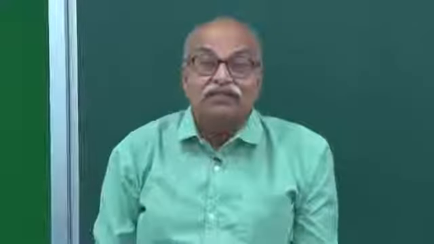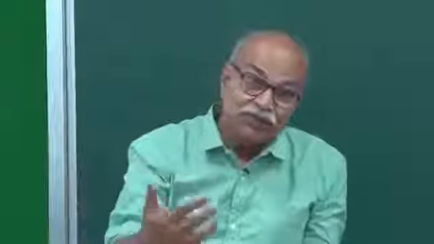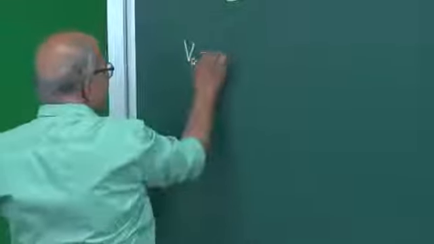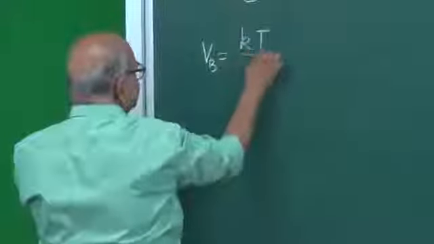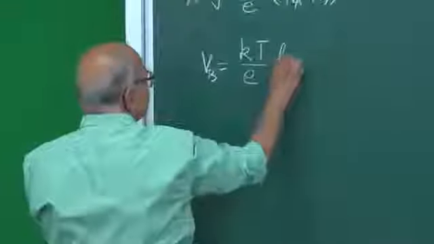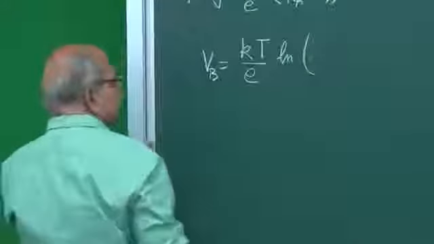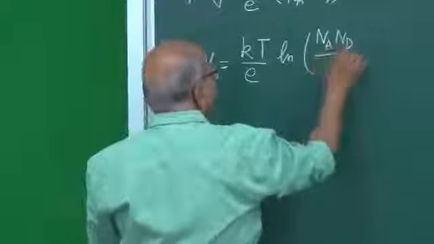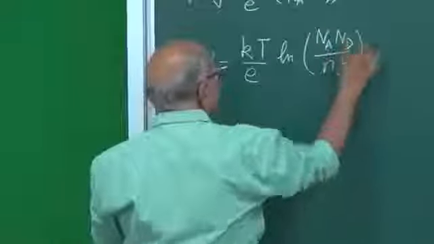I will not give you those derivations, but I will give you the expression for this VB in terms of those impurities and the temperature. And that is, this VB is kT divided by E, then log, on the natural base, of Na Nd over small ni square.